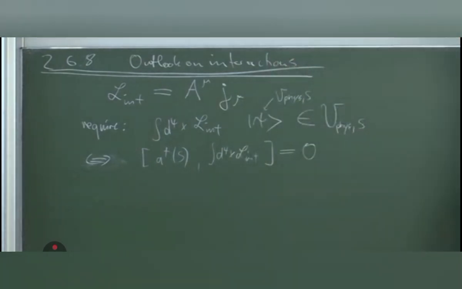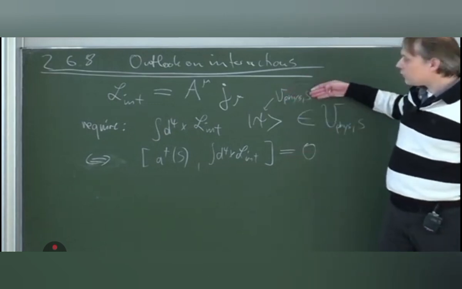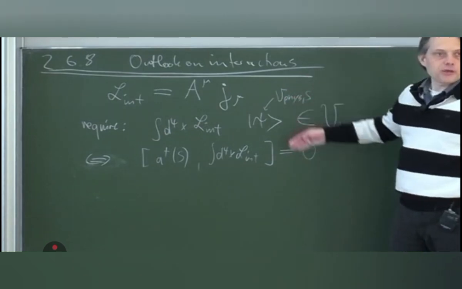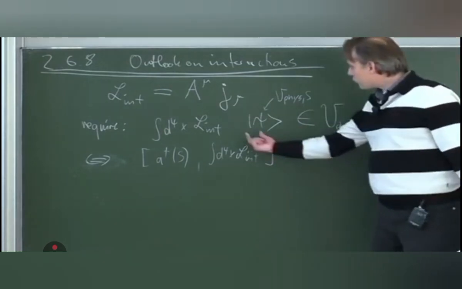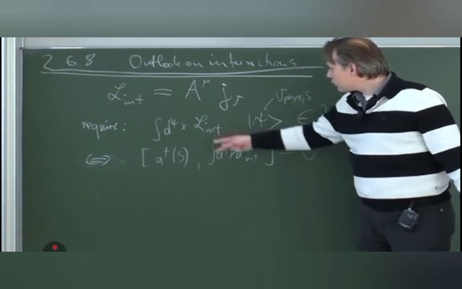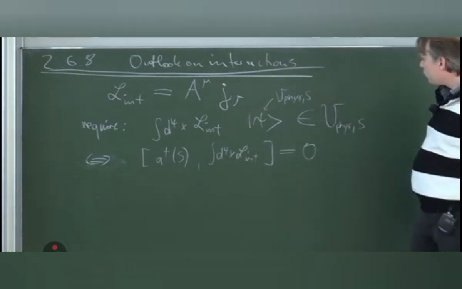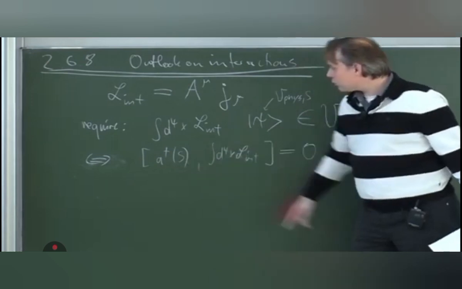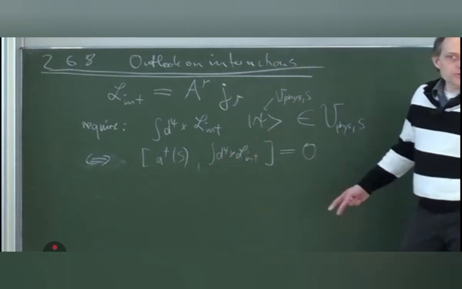Because if that is 0, then all the definitions of physical states and equivalence classes remain unchanged under the interactions. So if you first start out with a state which is annihilated by A_S, then after the interactions it's still annihilated because the commutator vanishes. And if you have a state which is A_S^† acting on something, it remains a state with A_S^† acting on something because the commutator vanishes.